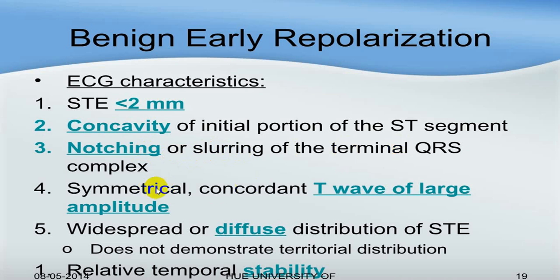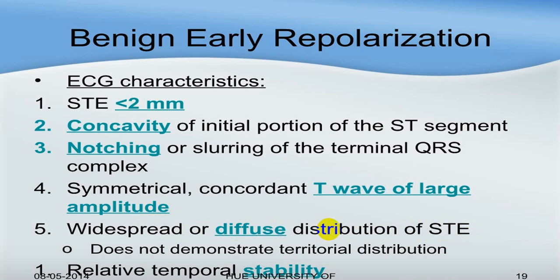There is a symmetrical concordant T wave of large amplitude, and a widespread or diffuse distribution of ST elevation, seen in inferior and lateral leads.